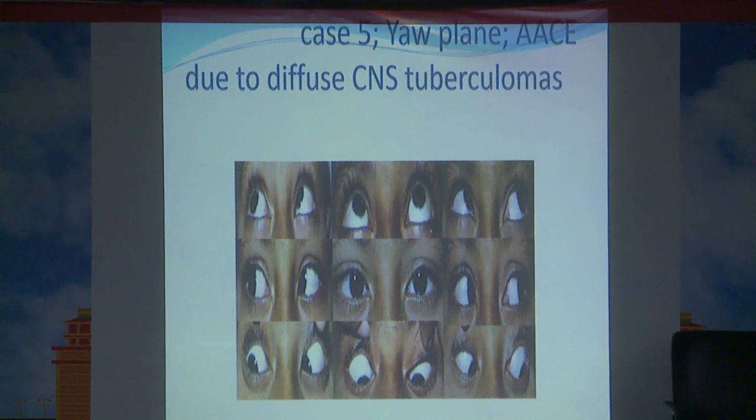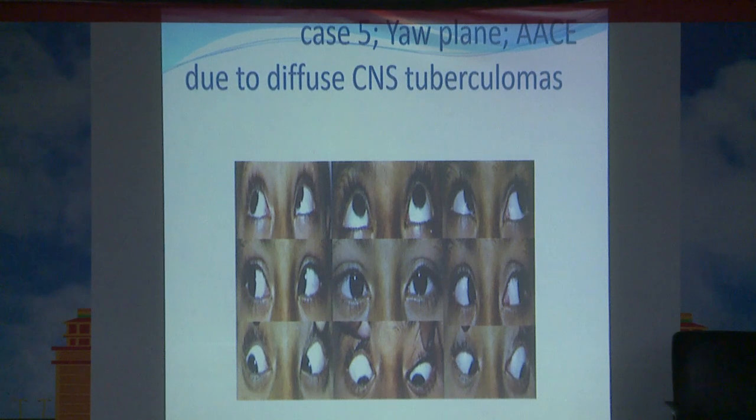You can also have acute acquired comitant esotropias, some of these conditions. If you have a brain tumor in a child, if you have tuberculomas, or any other, even after trauma, you can have what is known as acute acquired comitant esotropia. A large number are not associated with neurological disease, but some of these may have a neurological disease.